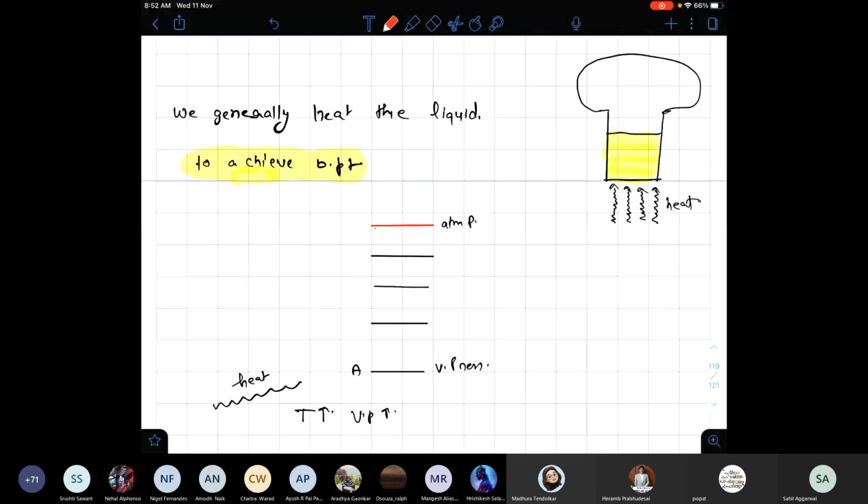That particular temperature is called the boiling point. Any doubt in this?